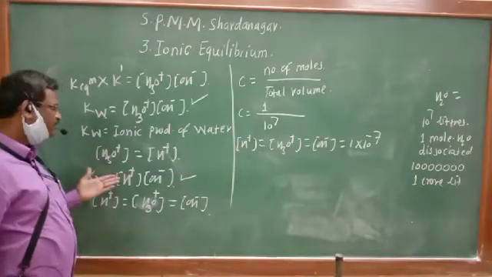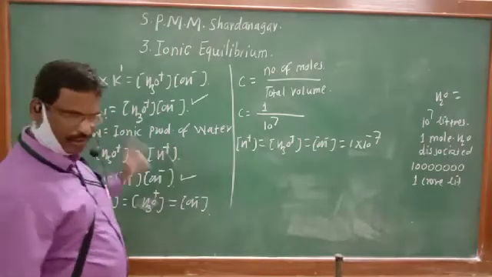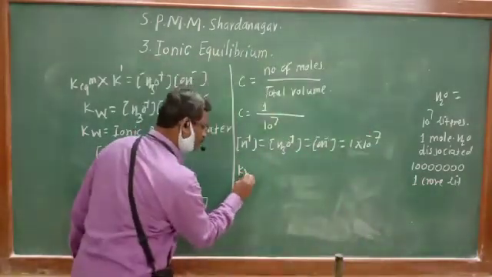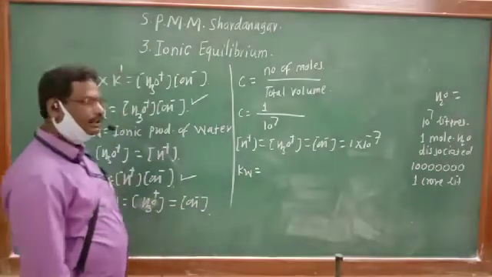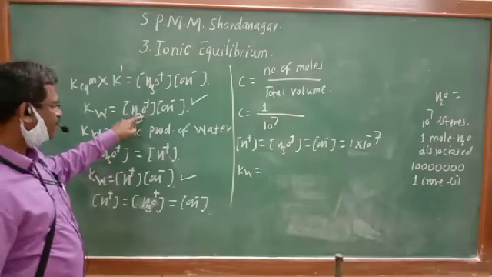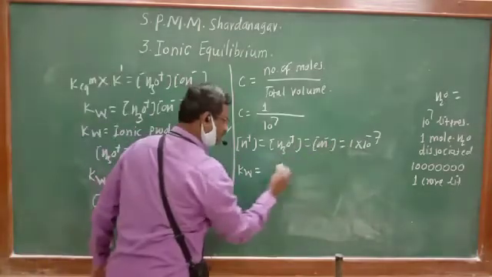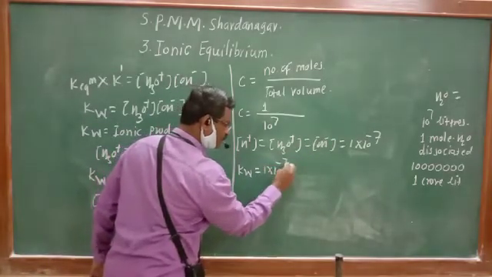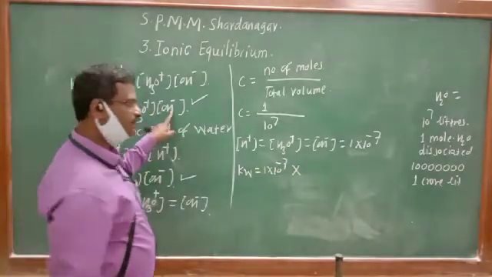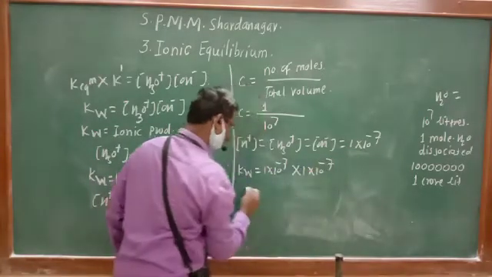Substituting that value in this equation, we can find out the magnitude of the ionic product of water. So Kw, the ionic product of water, is equal to the concentration of hydronium ion or concentration of H plus ion, which is 1 into 10 raised to minus 7, multiplied by the concentration of OH minus ion, which is also the same 1 into 10 raised to minus 7.